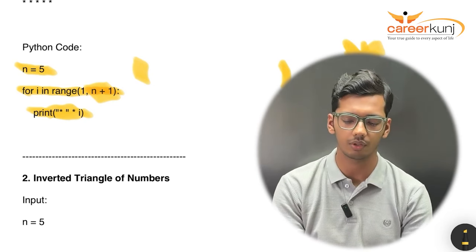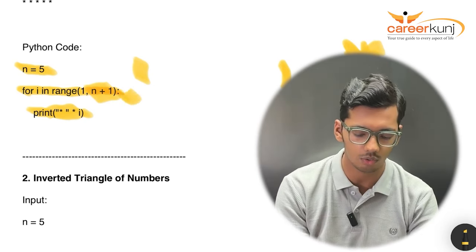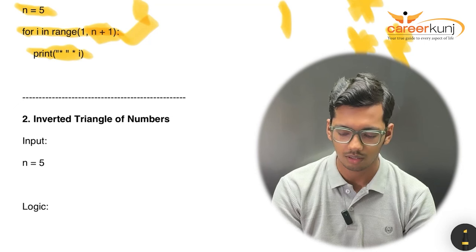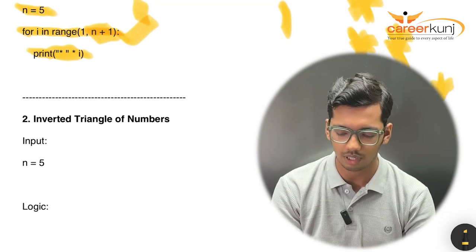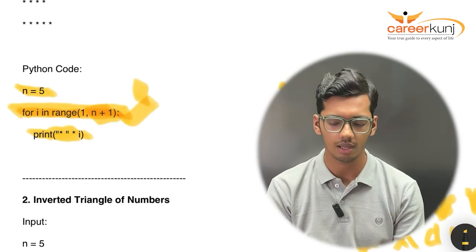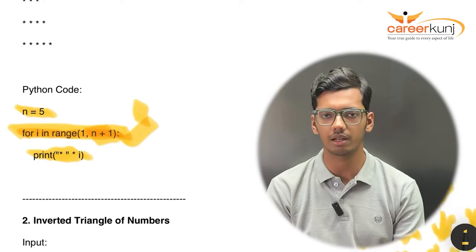Second time it goes through this loop, the value of i is 2, so it will print 2 stars, again 3 stars, 4 stars in my 4th iteration, 5 stars in my 5th iteration, and post that, as my range is over, the loop is complete and it will come out. So basically with just this 3-line code in Python, you can write a simple program to make a right angle triangle.